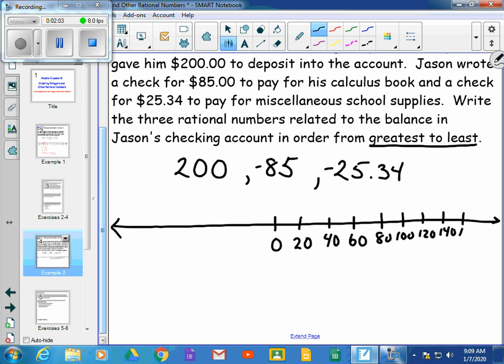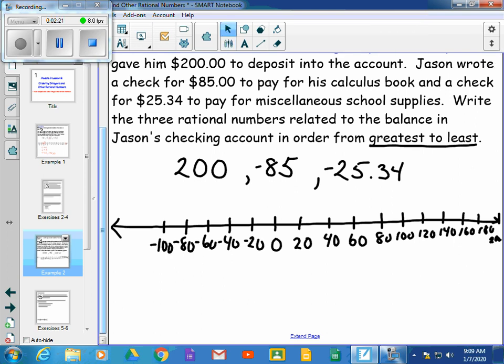Let's squeeze it in here. 200's down here. And then we've got a negative 20, 40, 60. I'm going to stop right there. Now my 200 is obviously way down to the right.